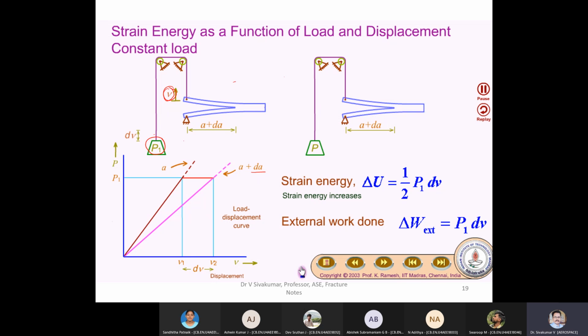The main aim of this particular study is how much energy is created or consumed when a crack length A becomes A plus delta A. The crack moves from A to A plus delta A, how much energy is consumed or created?